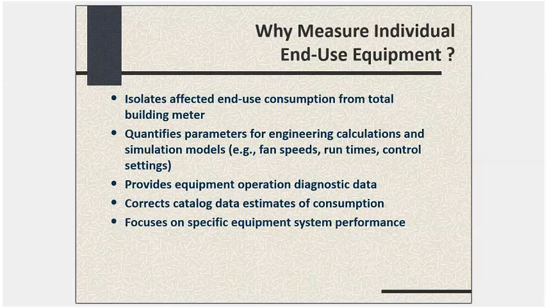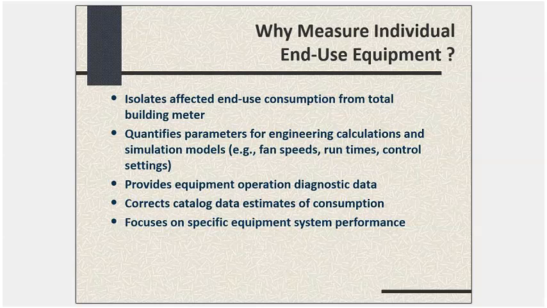But catalog data estimates of consumption are done under more or less ideal conditions, and they may not accurately simulate the field conditions, because even lighting performance is affected by thermal conditions, to a degree. So spot measurements and individual end-use equipment measurements may give you a more accurate picture.